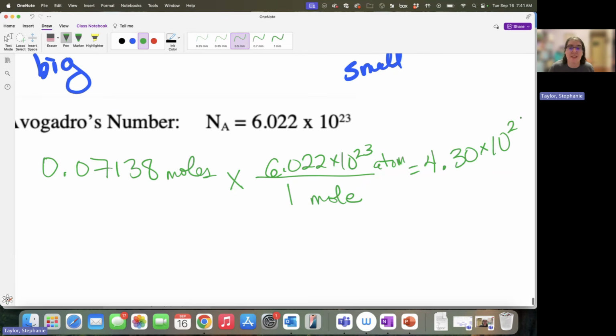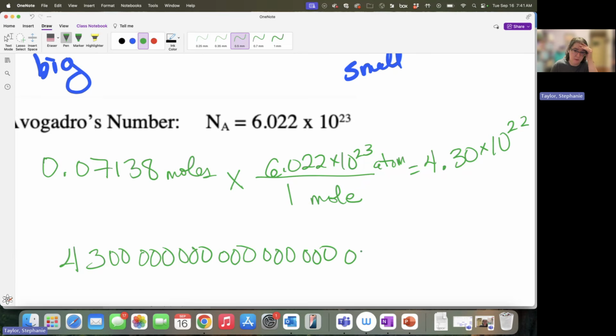4.3 times 10 to the 22nd, big number. So again, thinking about outside of scientific notation, 4, 3, 6, 9, 12, 15, 21. Oh, 24, whoopsies.